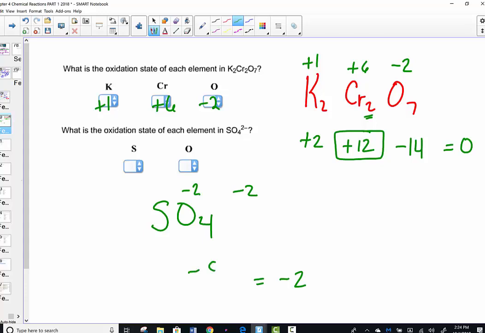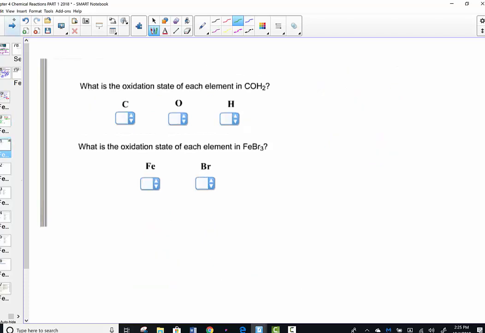There's 4 of them, a total contribution of -8. What do I add to a -8 to land at -2? A +6. The oxidation number of sulfur is +6. Again, establishing these rules helps me identify the change of charge from oxidation and reduction.